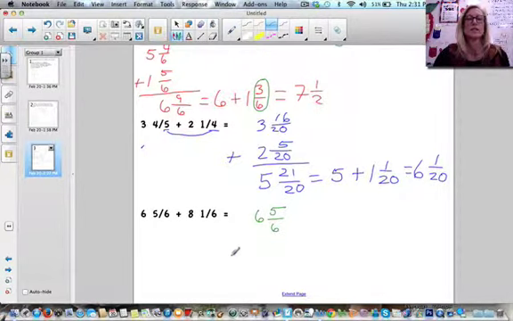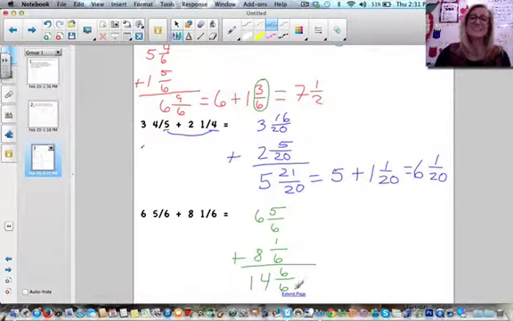We don't need to do anything to the denominators, plus 8 and 1/6. Let's add the fractions first. 5 plus 1 is 6, so I have 6 over 6, and 8 plus 6 is 14. So 14 and 6/6. And since 6/6 is the same as saying 1 whole, we know we have altogether 15.